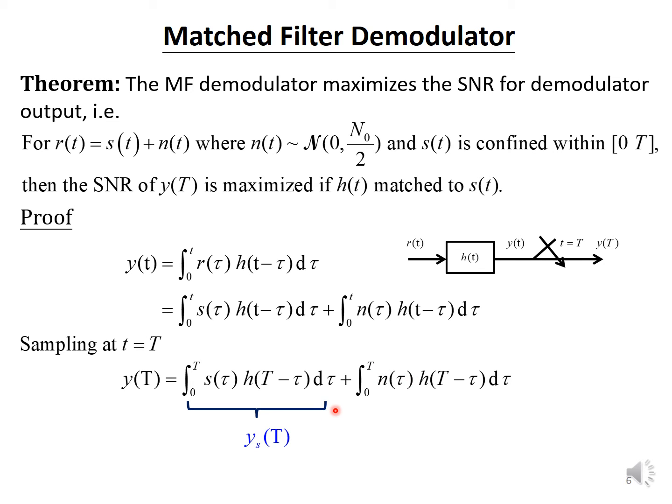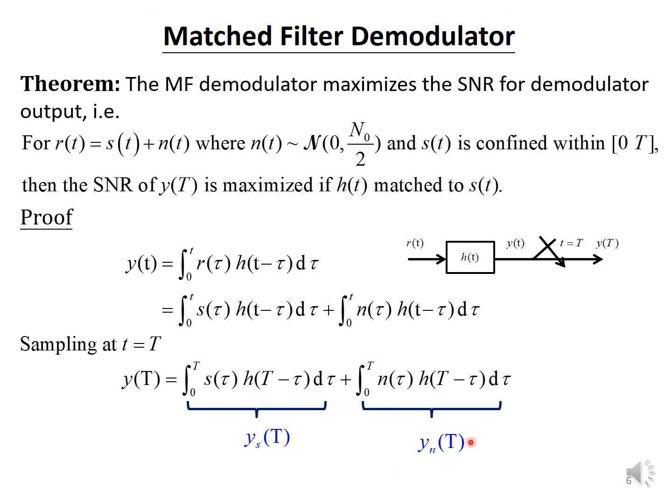We have all the t equal to capital T here. And look at, so at this sample Y(T) would be the input to the MAP detector, right? This would become the input to the MAP detector. And this signal Y(T) actually contains two parts. The first part we call Y_S(T), that would represent the signal part.